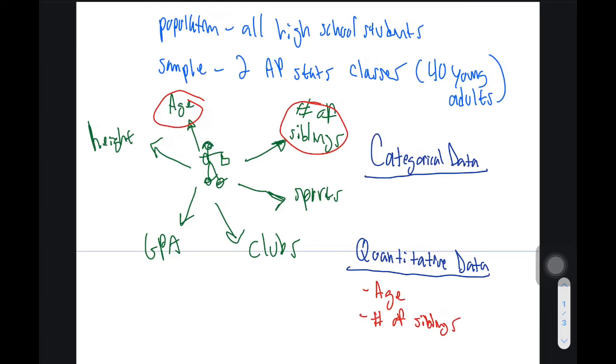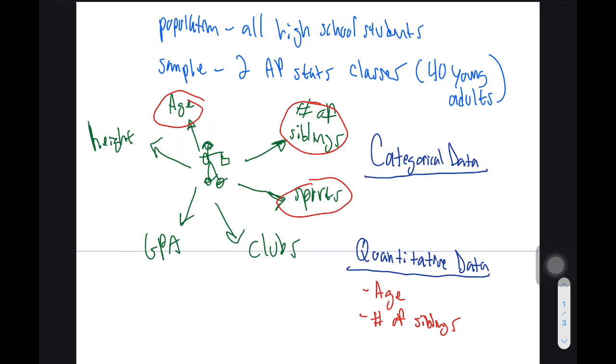Sports. What sports do you like, or what sports are you in, right? So if we think about it, we have stuff like volleyball, we have soccer, we have track, stuff like that. Those aren't things that we can actually measure, right? There's no numbers that we can put to those, right? The question wasn't how many sports you're in. The question was what sports are you in, or what sports do you like?